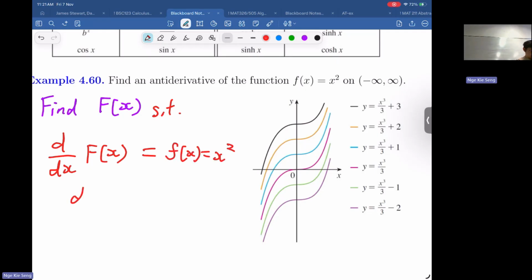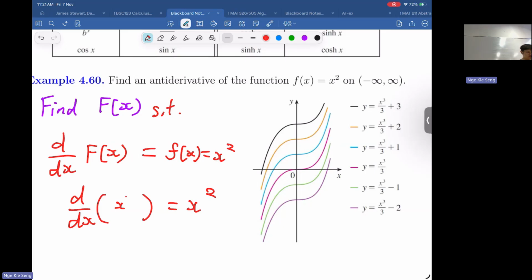So what do you differentiate such that you get x squared here? What's the power you need to bring down and then minus 1 to get x squared? So you need to think the opposite way, right or not? The opposite way is I'm going to increase my power first. Only then can I decrease back to x squared.